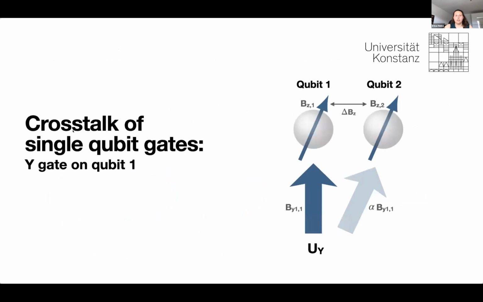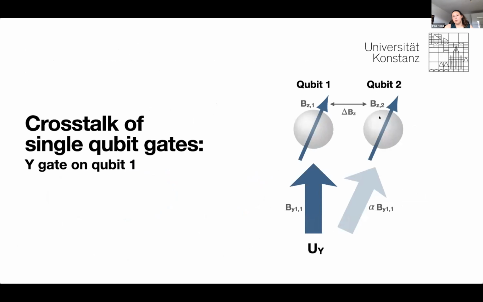Then we looked at single-qubit gates, and therefore we picked the Y gate. The Z rotations can be implemented via software, so we were looking at the Y gate. Here we assume that we have a qubit 1 with resonance frequency BZ1. Now we apply a Y gate with a driving strength of BY11, matching this resonance frequency.